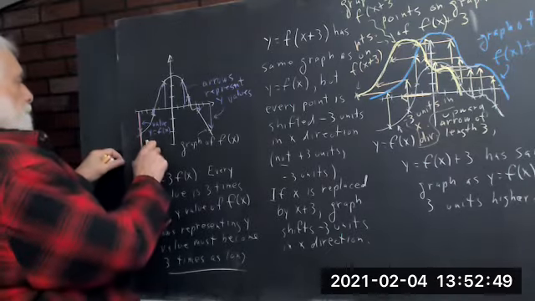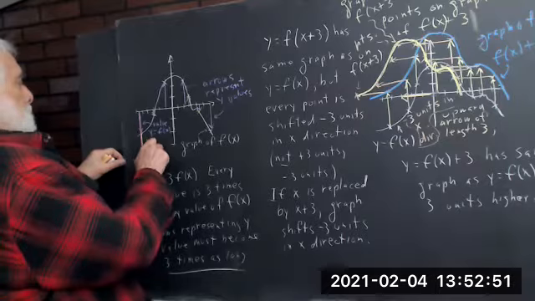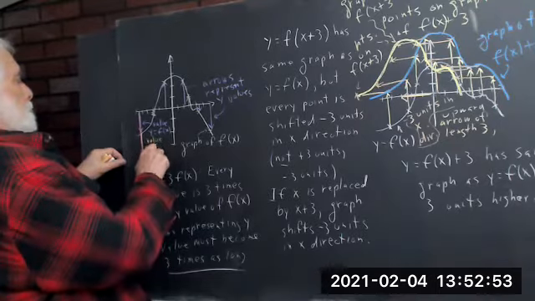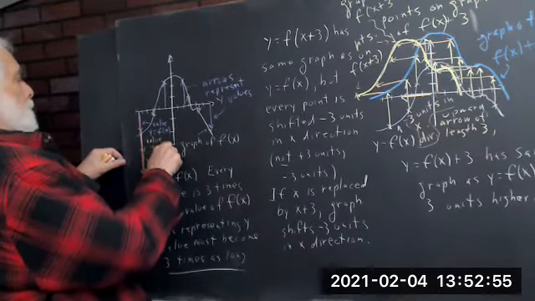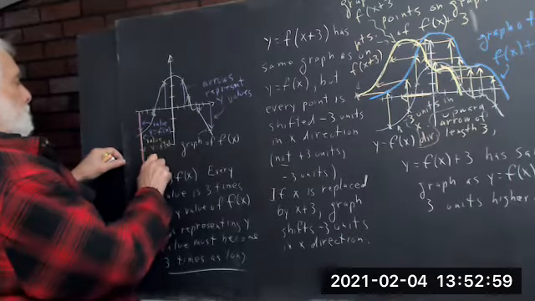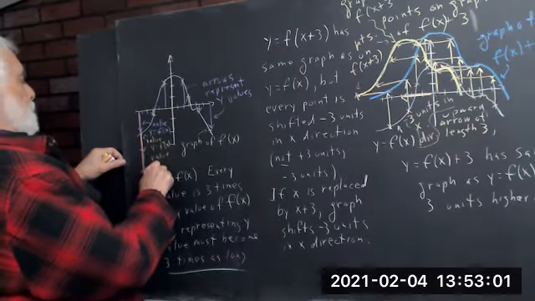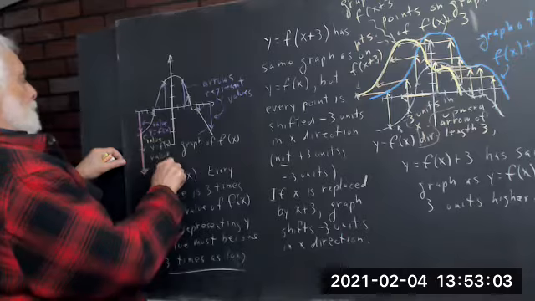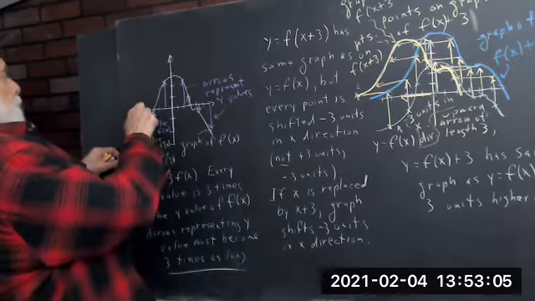And this green arrow is value Y equals f of x, this value of x here.